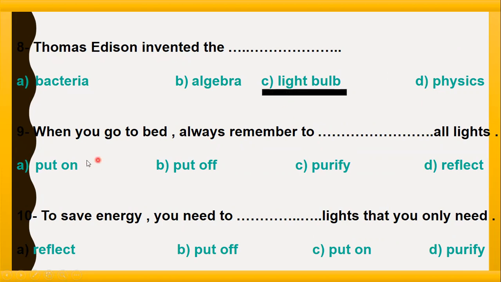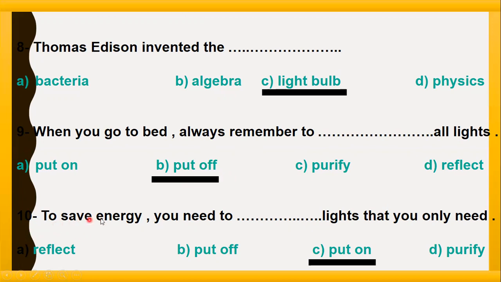That's right. Number nine, when you go to bed, always remember to switch off all lights. You are going to sleep now, so you switch off the lights. I can't purify lights. I can't reflect lights. Switch off.